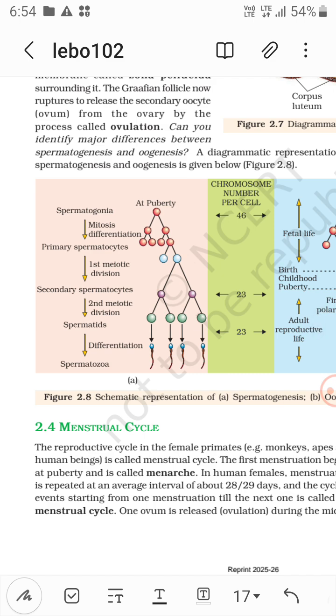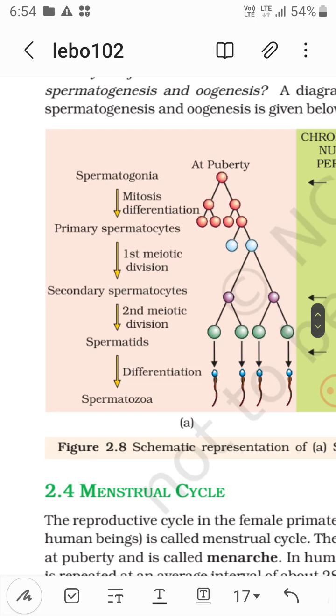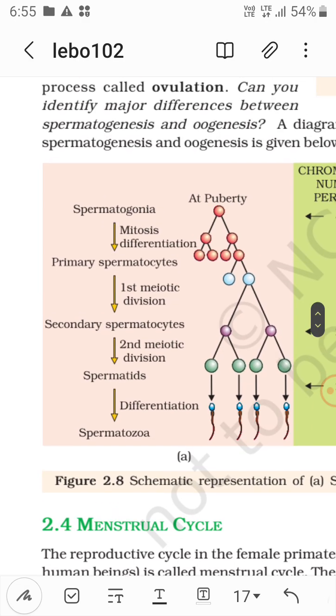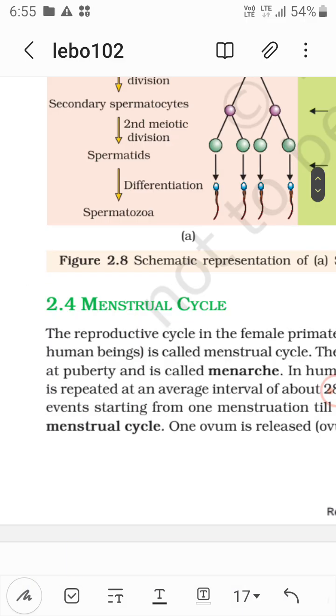Firstly, the spermatogonia get converted into primary spermatocytes, and this is the first meiotic division. Then the secondary spermatocytes, at the second meiotic division, get converted into spermatids, and the spermatids differentiate into spermatozoa.